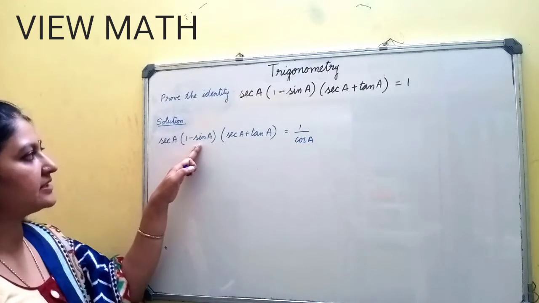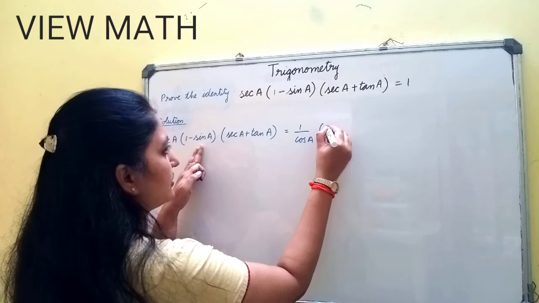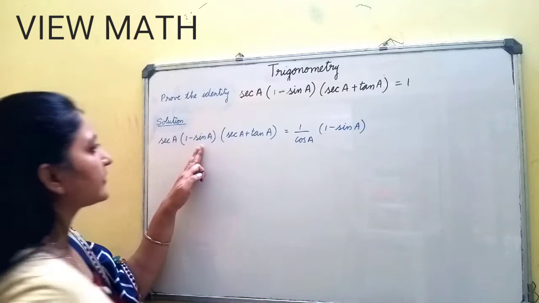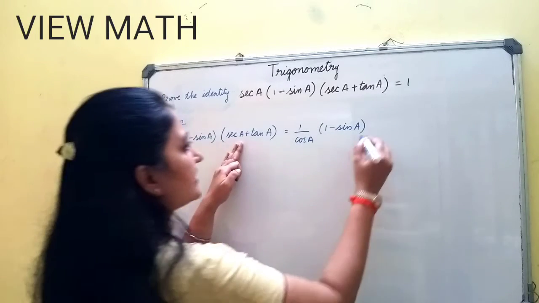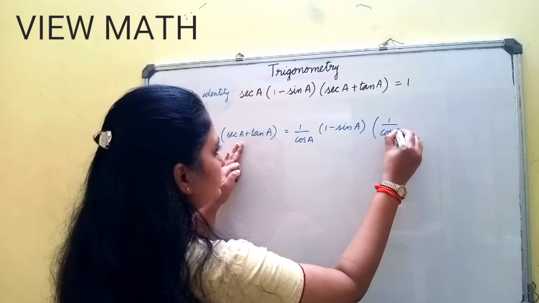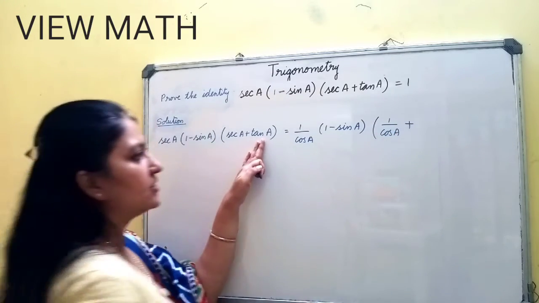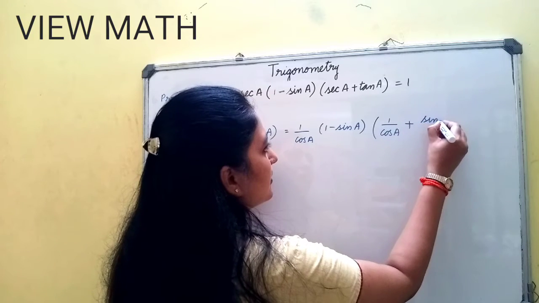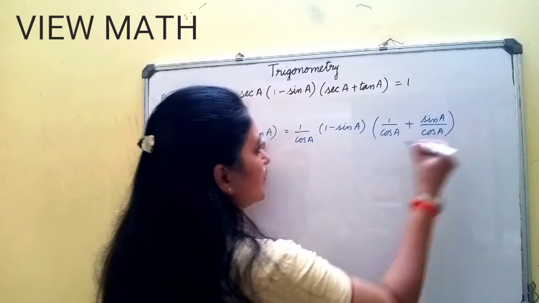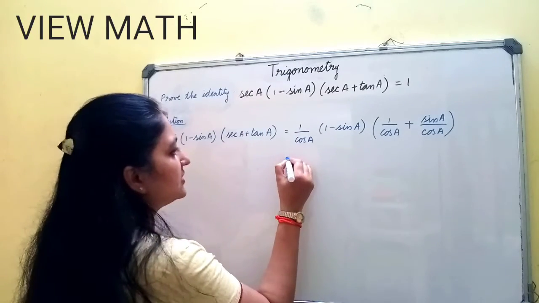Now this 1 minus sin A I am going to keep as it is, because I will not be able to reduce it anymore. 1 minus sin A. Okay. Now secant A, again secant A is there. Let me write it as 1 by cos A plus tan A, I can write it as sin A by cos A. Like this only you have to proceed with the problem so that you will be able to prove the right answer.